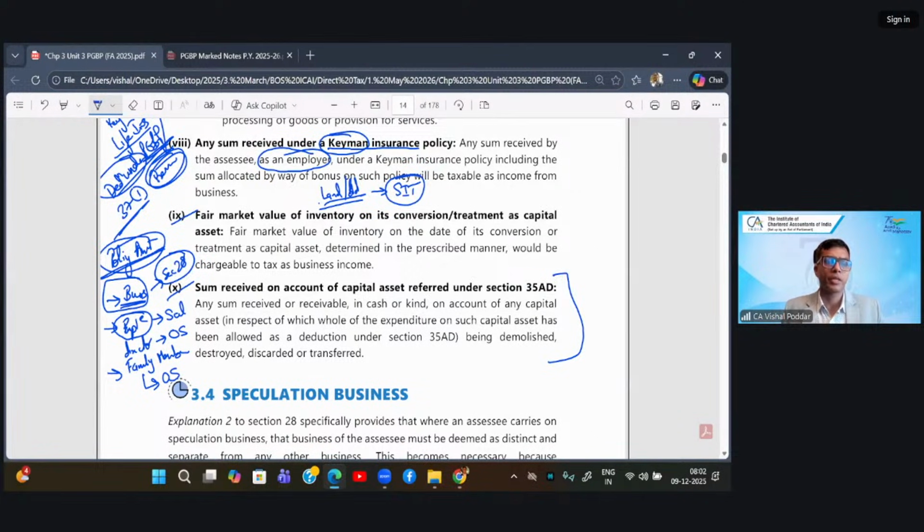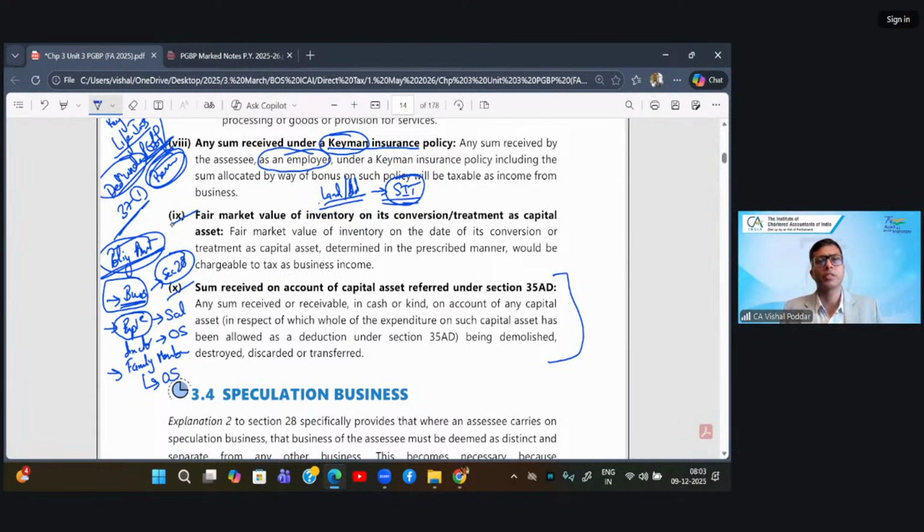Now, let us take a simple example of a builder. You have constructed a building which has around 100 shops and offices. And this is your stock in trade, all those 100 shops and offices. Now, after 2 years, you find that the first floor is still vacant because you are not having any buyers. And you also decide to have your own office over there.